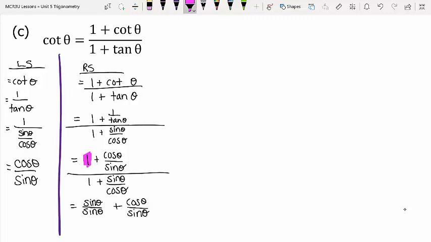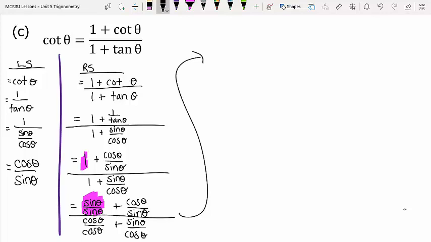Because sine theta over sine theta is just 1. Okay, so I didn't change the question. Same in the denominator. 1 is the same as cos theta over cos theta. So I might as well write it like that so that I have common denominators. Okay, let's continue simplifying our right-hand side.